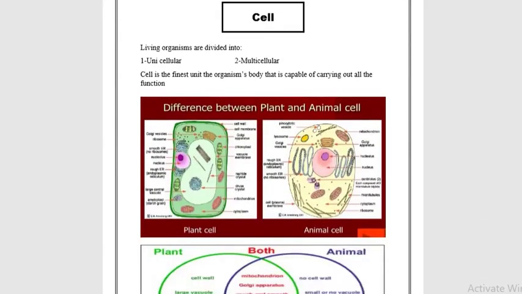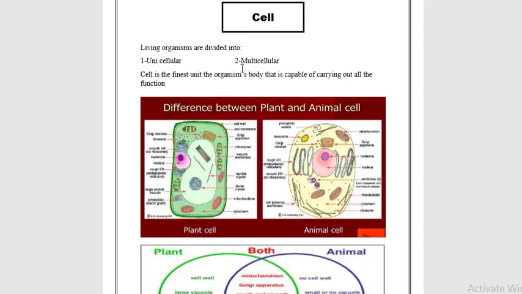Cell. What are the types of cells in living organisms? Living organisms are divided into unicellular and multicellular. Unicellular means the body of this living organism is formed from one cell. This one cell does all the vital processes of this organism.